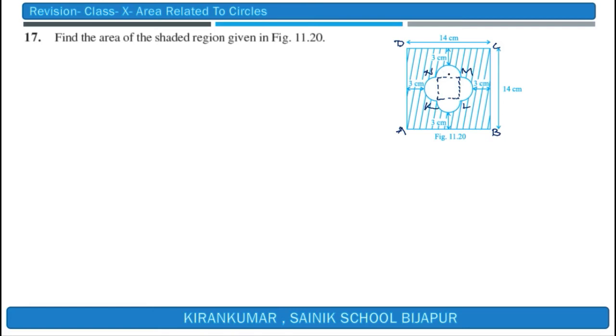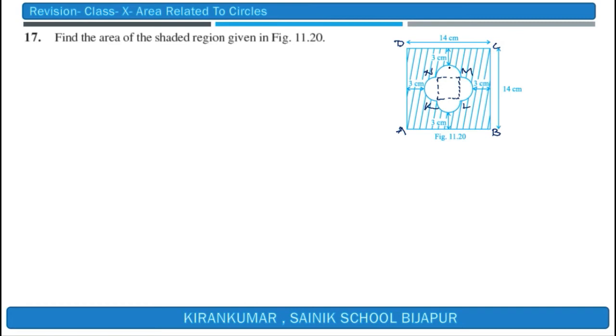Now we require the areas of these semicircles, which are 4 in number. For semicircle, can we find area? Do we know the radius? Yes, we do know the radius. It is 3 centimeters. No, it is not 3 centimeter. From here to here it is 3 centimeter. From here to here it is 3 centimeter.